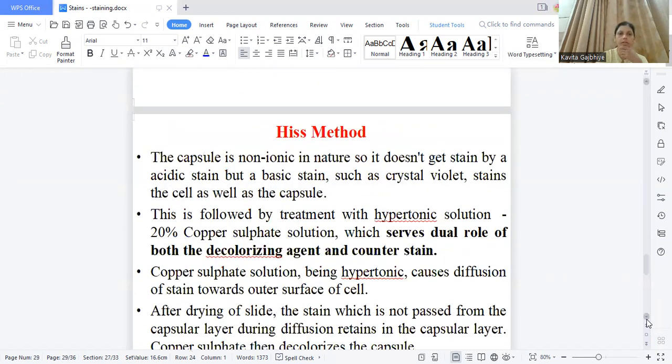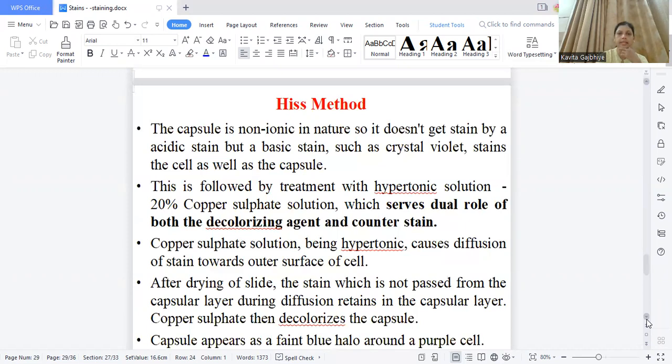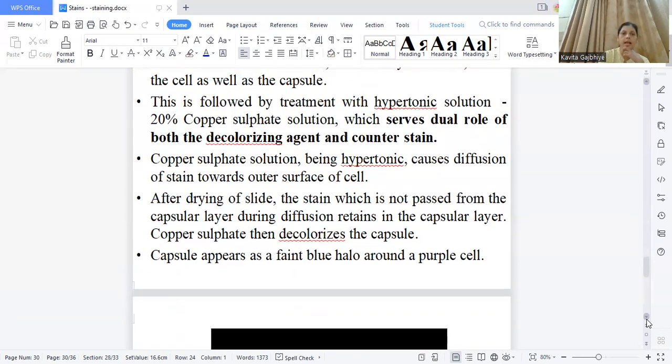These methods are named after their discoverers. The capsule is non-ionic in nature, so it doesn't get stained by an acidic stain, but a basic stain such as crystal violet stains the cell wall as well as the capsule. This is followed by treatment with a hypertonic solution, 20% copper sulfate, which has the dual role of decolorizing agent and counterstain.